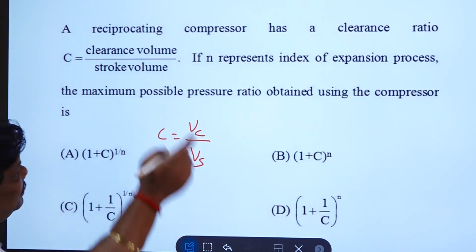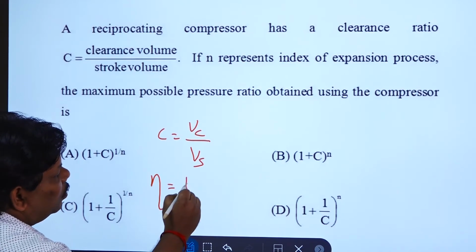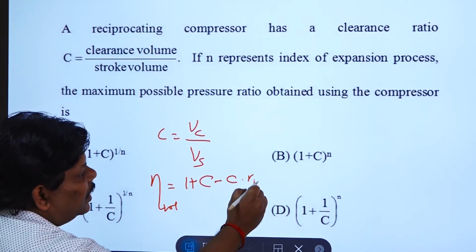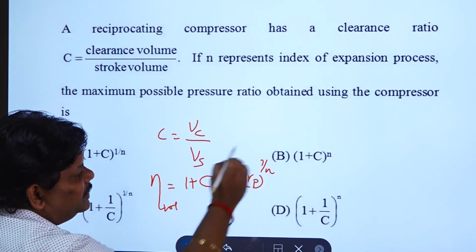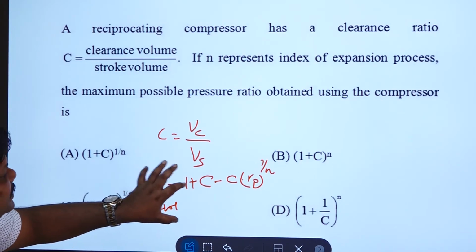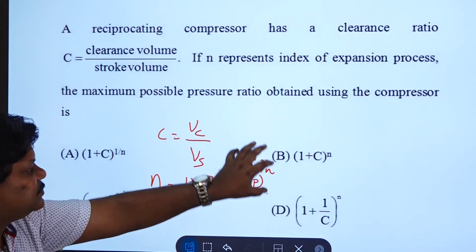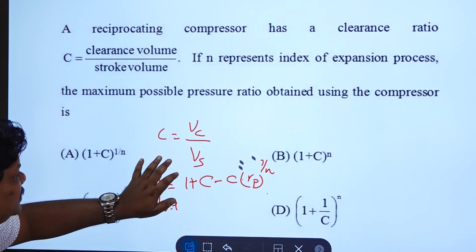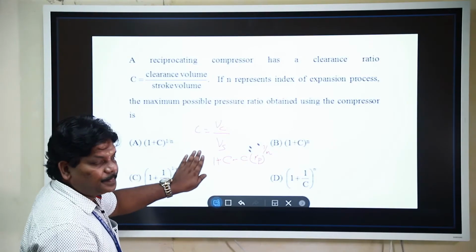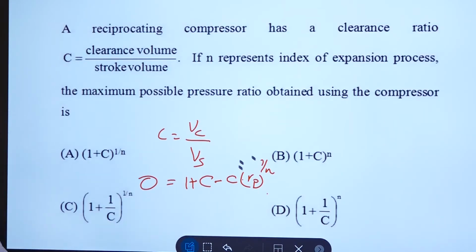So eta volumetric is 1 plus C minus C into Rp whole power 1 by N. Now you have to obtain the maximum possible pressure ratio, which means you have to make this term minimum. The minimum value is nothing but 0.